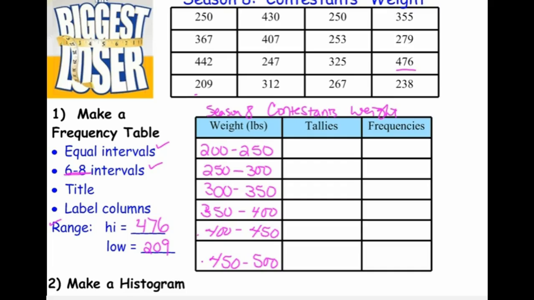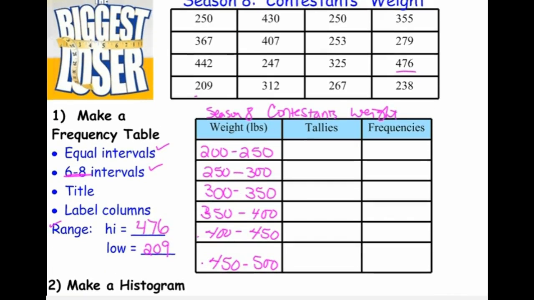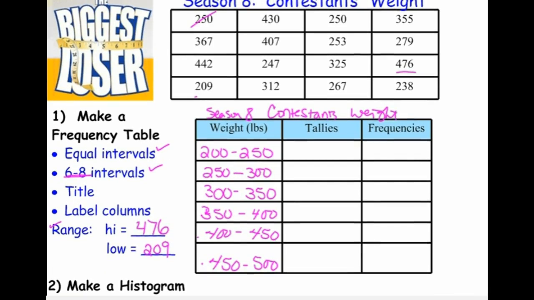And we are going to tally our results. So I have 250 falling in this category. Now, how did I decide to put it in this interval rather than this one? The ending number does not get included into the interval.